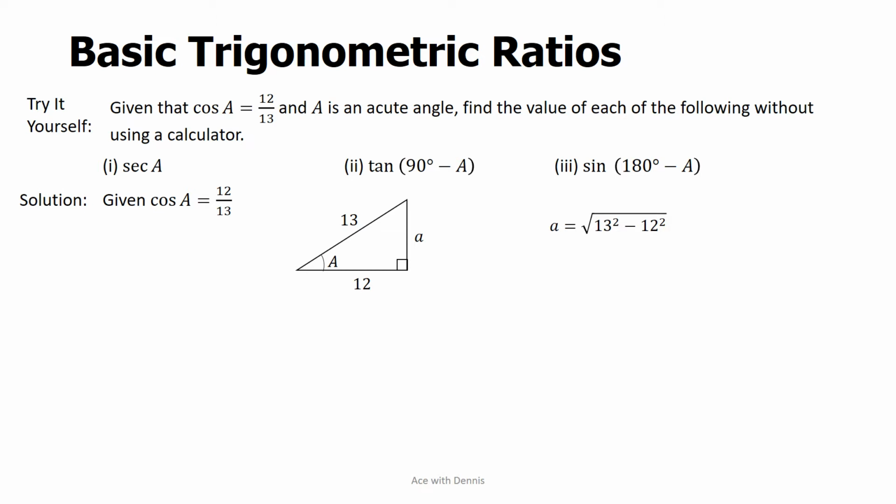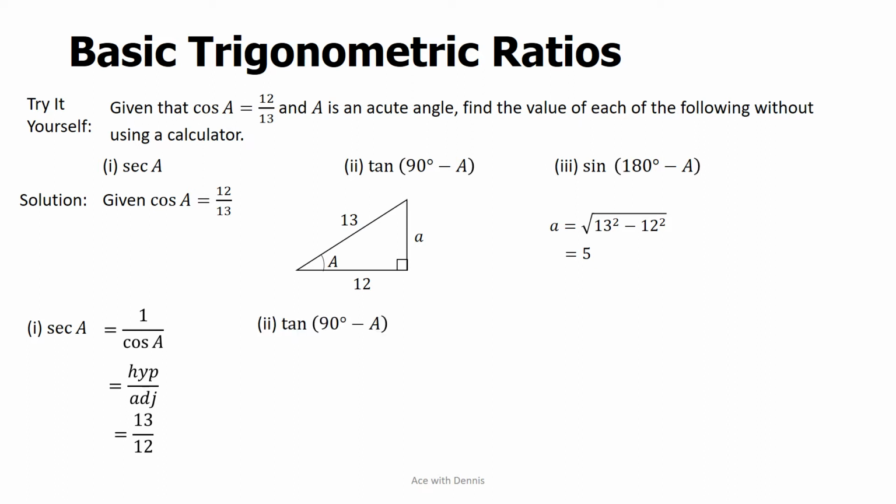So the opposite side will be A. Using Pythagoras theorem, A equals square root of 13 squared minus 12 squared, which is 5. So we can get the value for secant A, which is 1 over cosine A, which is hypotenuse over adjacent. So the answer will be 13 over 12.